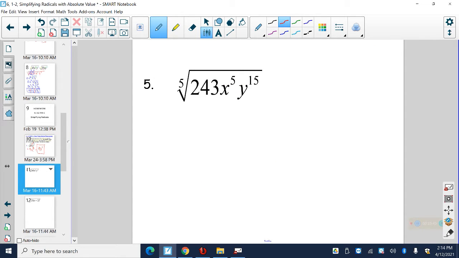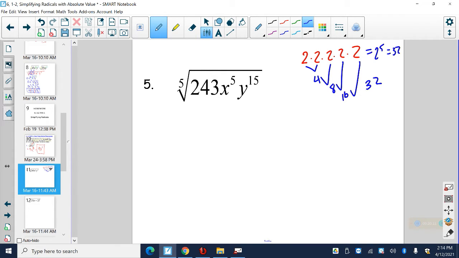Number 5. What number multiplied by itself 5 times is 243? So let's do the 2's first. 2 times 2 times 2 times 2 times 2. 2 times 2 is 4, times 2 is 8, times 2 is 16, times 2 is 32. So that means 2 to the 5th equals 32. Not what we were looking for, was it?